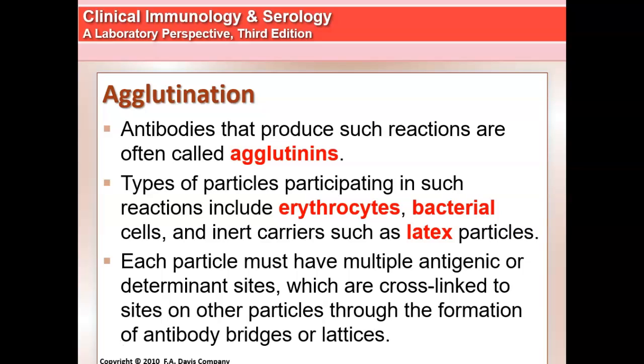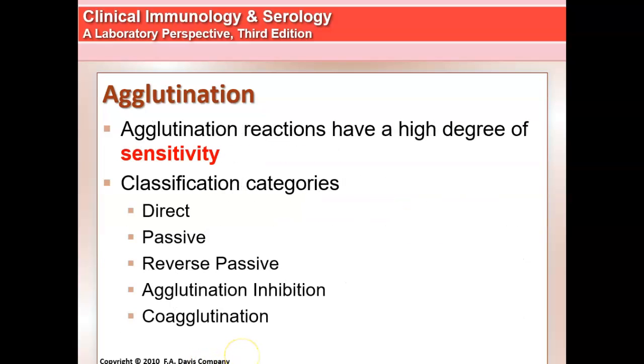Each particle must have multiple antigenic determinant sites, which are cross-linked to sites on other particles through the formation of antibody bridges or lattices. So all of this depends on the ability to have multiple sites on the carrier particle that can be cross-linked with antibodies to form lattices and aggregates that are big enough for us to see and measure in the clinical lab.